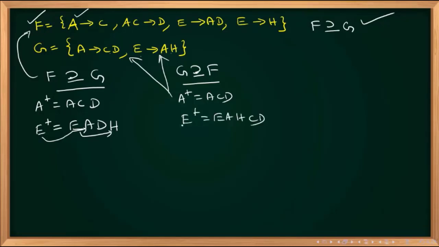Everything is coming. So E gives A and D, both are satisfying. Are you agreeing with that? Yes, very good. Because of the same reason, E gives H is also satisfying. Only problem is whether AC closure gives D or not, you have to check.